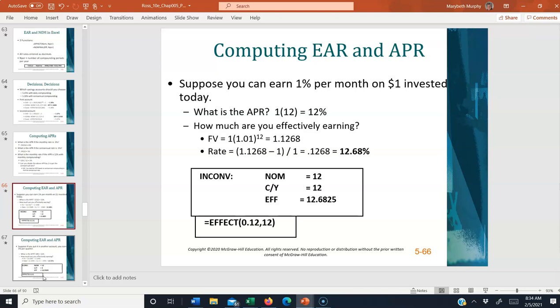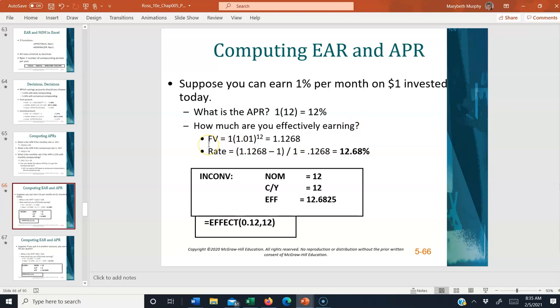Okay, so let's go through and do a couple more examples here. Suppose you can earn 1% per month on $1 invested today. What is the APR? We're going to take 1 times 12, so the annual rate is 12%. How much are you effectively earning? So what is the EAR?